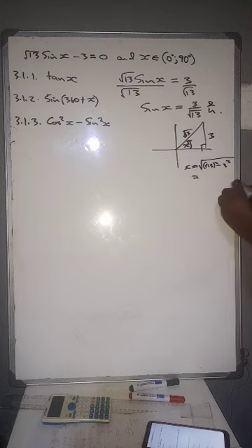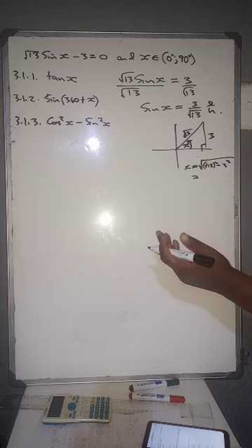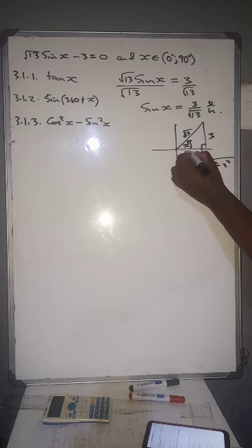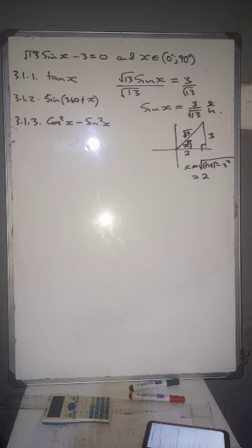And when you simplify this, root 13 squared remains as 13, minus 9, that is a 4. Square root of 4 is 2. So we have a 2 here.